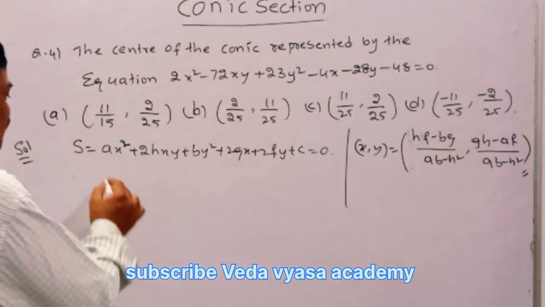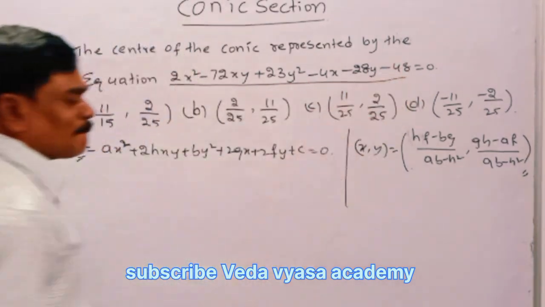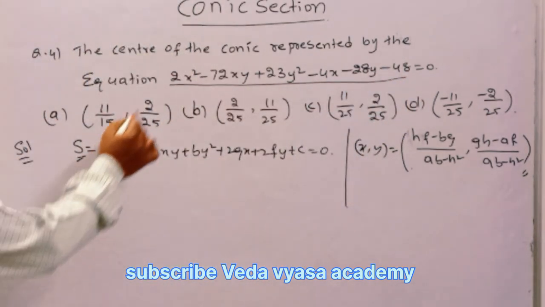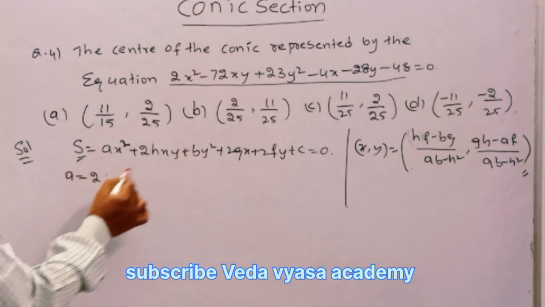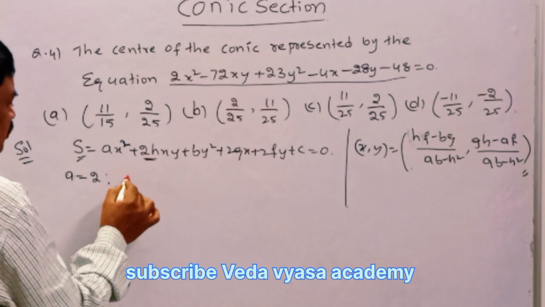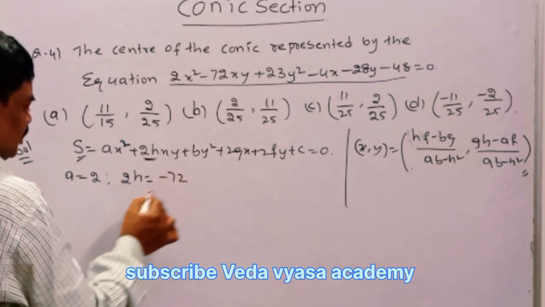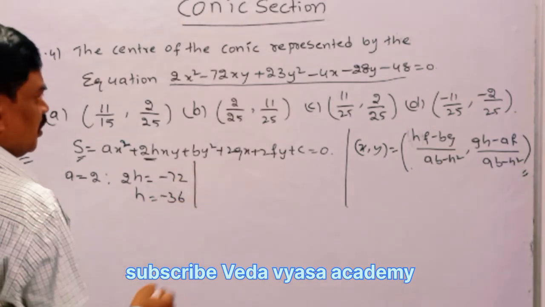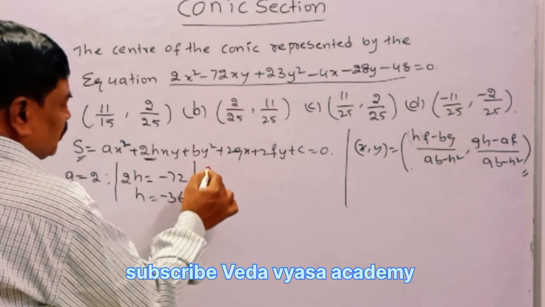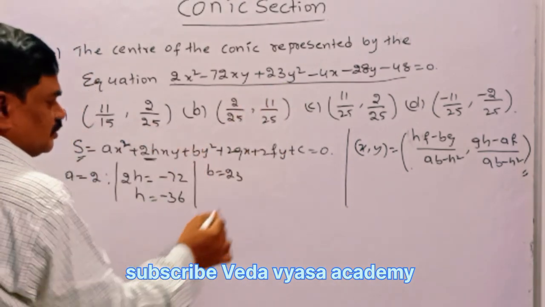Then you compare this general equation with the given equation. Then what is the x square coefficient? A is equal to 2. 2h is equal to minus 72, so h is equal to minus 36. B is equal to 23, the y square coefficient.